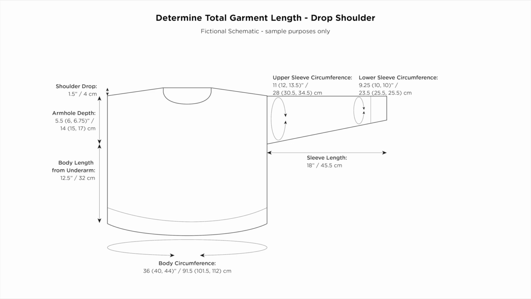We're going to add up the 12.5 inches of the body length from the underarm to the hem, to our 5.5 inch armhole depth and our 1.5 inches of shoulder drop or short row shaping. All said and done, that tells me that the total garment length at the back neck is 19.5 inches.